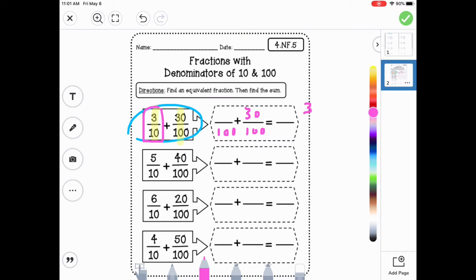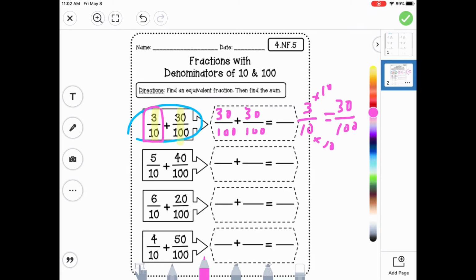So to turn 3/10 into a fraction where the denominator is 100, I'm going to need to multiply the bottom number by 10. Whatever I do to the bottom, I need to do to the top. 3 times 10 equals 30. So my new numerator would be 30 over 100.